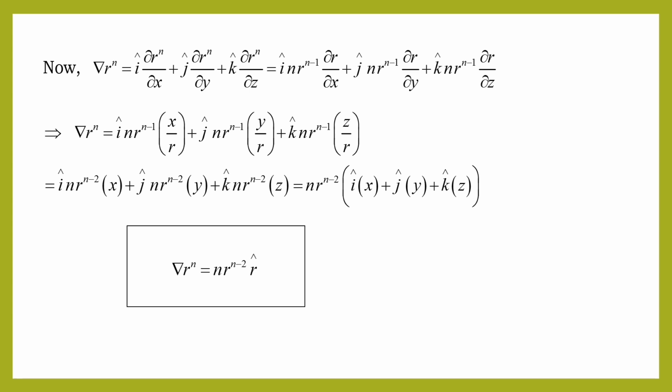equals i cap dou by dou x r power n plus j cap dou by dou y r power n plus k cap dou by dou z r power n, which equals i cap n r power n minus 1 dou r by dou x plus j cap n r power n minus 1 dou r by dou y plus k cap n r power n minus 1 dou r by dou z.